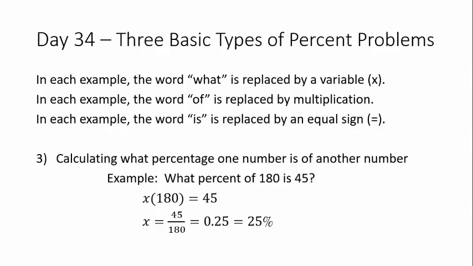And again, we use algebra, so we'll divide by 180. x is equal to 45 divided by 180. And when we calculate this, we get 25 hundredths. And we convert this to a percent by moving the decimal 2 places to the right. That's 25%. So 25% of 180 is 45.